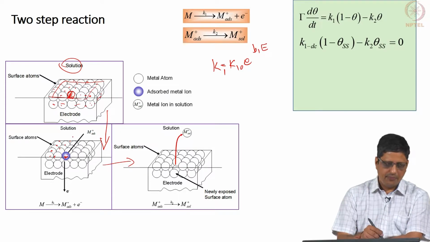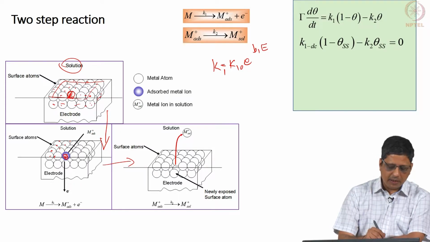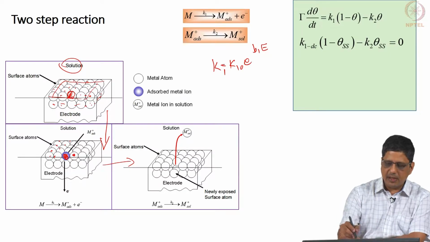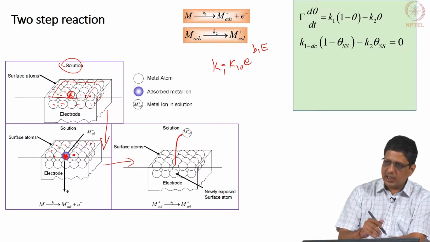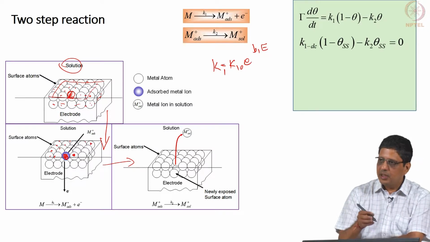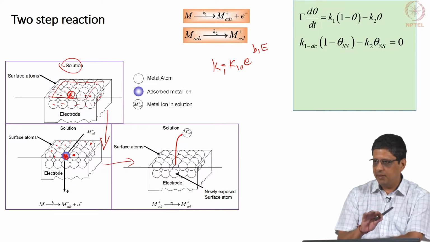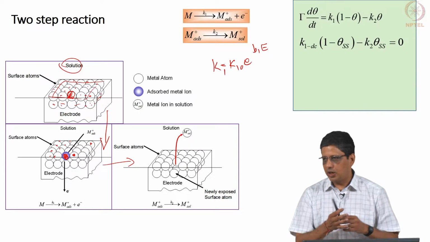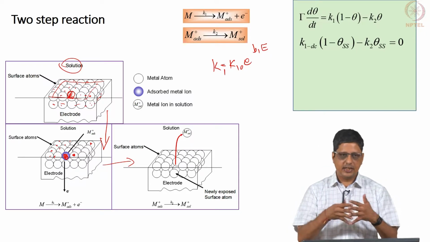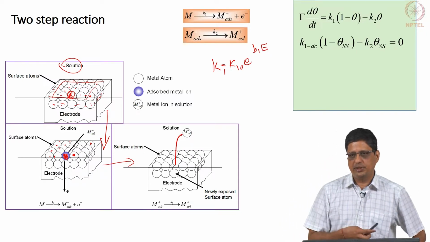That means, if I have M adsorbed here, what is the probability that this atom will lose an electron and will become M adsorbed? What is the probability that another atom which is far away, that will lose an electron and become an M adsorbed? We assume that they are all the same. They are not dependent on whether the neighboring site is already M adsorbed or not. So, there is no interaction between the species, that is one assumption.